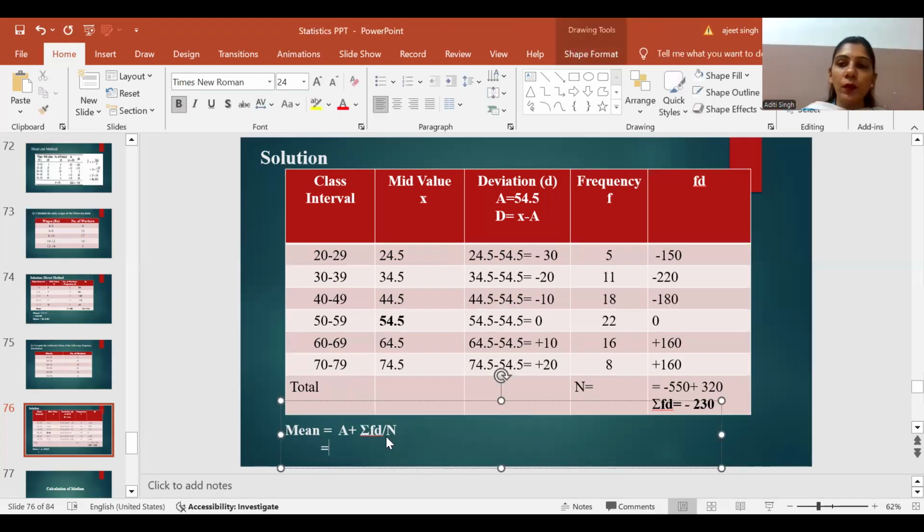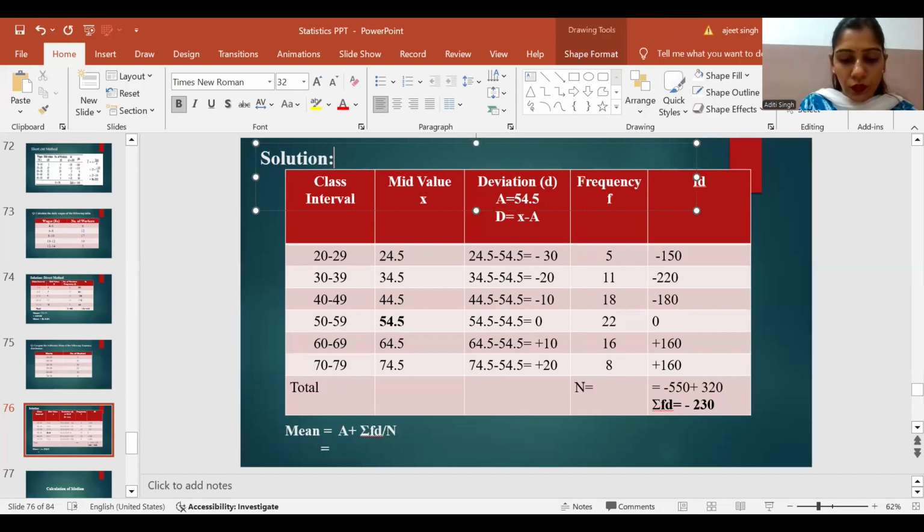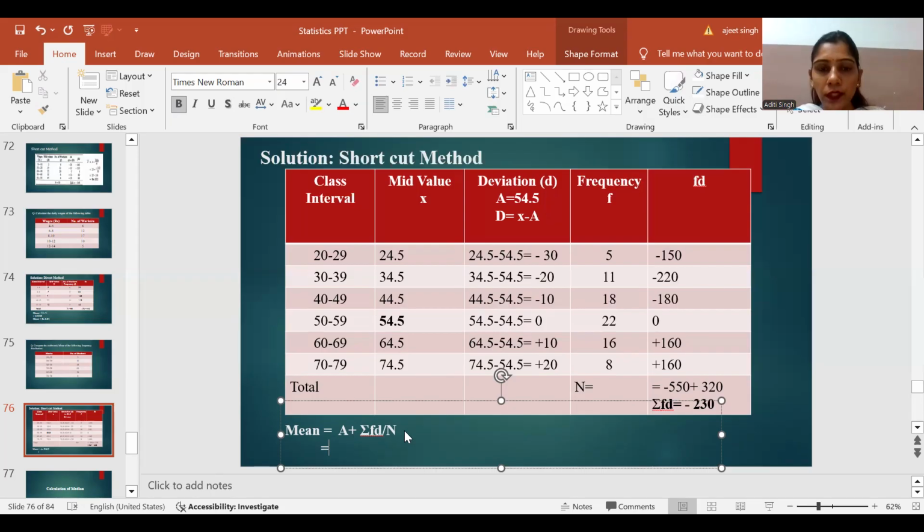Now we will put all these values in the formula. The formula of calculating mean for continuous series by the shortcut method. Okay, so we are doing this for the shortcut method. Now the assumed mean is 54.5.